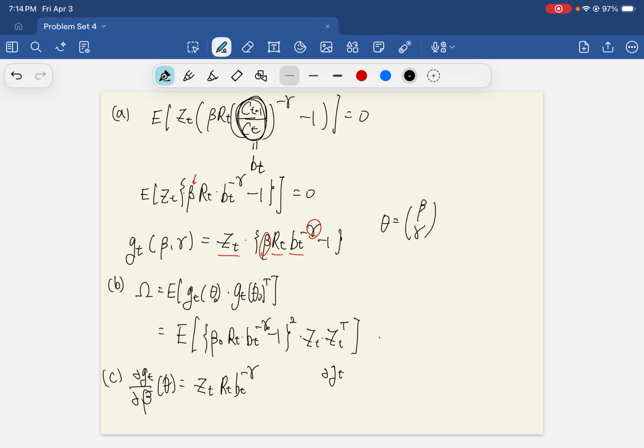And if you differentiate the moment function with respect to gamma, then you are going to differentiate this guy. So you are going to get minus gamma times z_t times beta times R_t times B_t to the minus gamma minus 1. This is the derivative with respect to gamma.